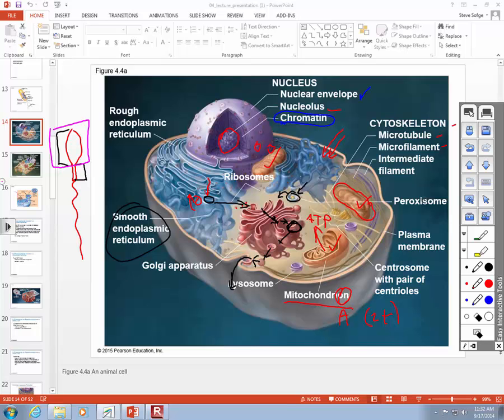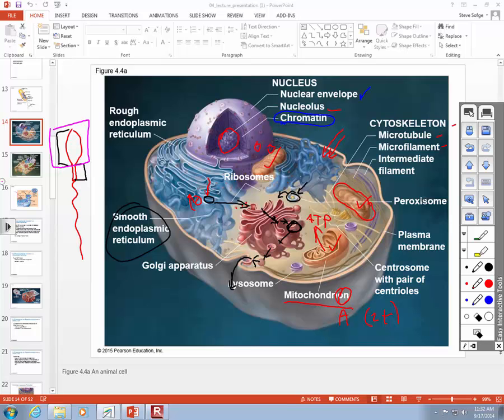Hers came from her mother, and so on. If you look at it like that, that's pretty cool.